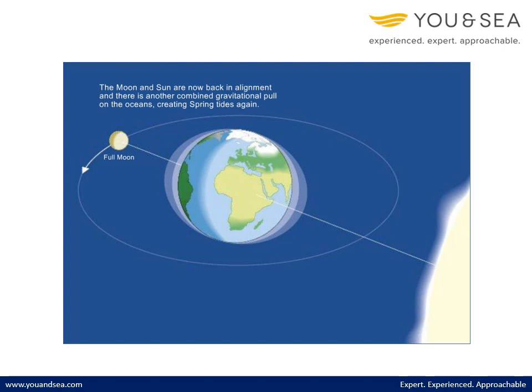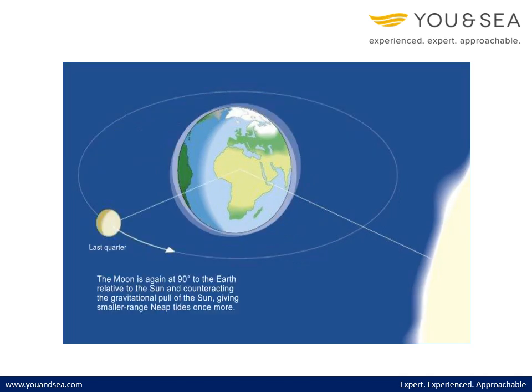The moon, the earth and the sun are all in line, therefore giving us our 2 large spring tides. 7 days later, we are back to our second neap tide of the month. And then it all starts again with our spring tide.